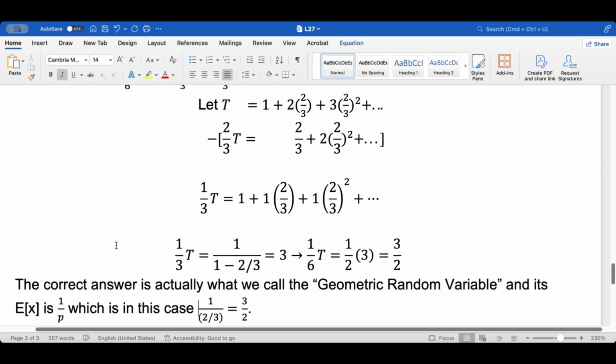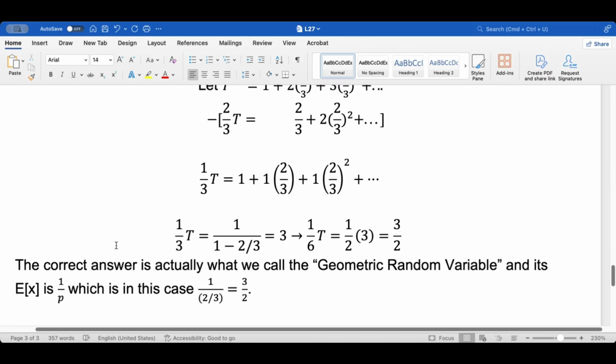We need 1/6 t. We have a third t. So we have to multiply by a half here. Could also solve for t: t is 9, and then divide by 6. But we have a third t. Multiplying that by 1/2 will make it 1/6 t. And so the answer is 1/2 of 3, which is 3 over 2.